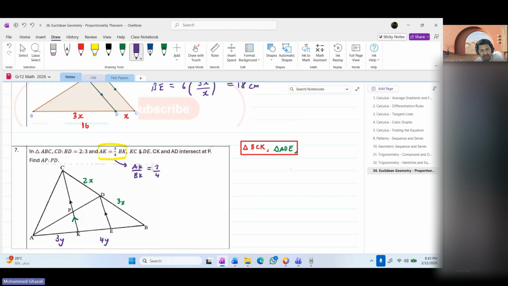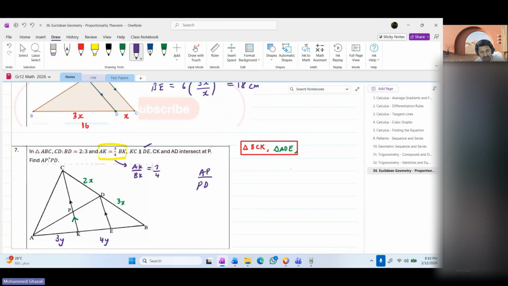KC is parallel to DE. That information is given, which is why we looked at all these prop theorem triangles. CK and AD intersect at P. We want to find AP to PD. I'd rather write the ratio as a fraction, AP over PD.